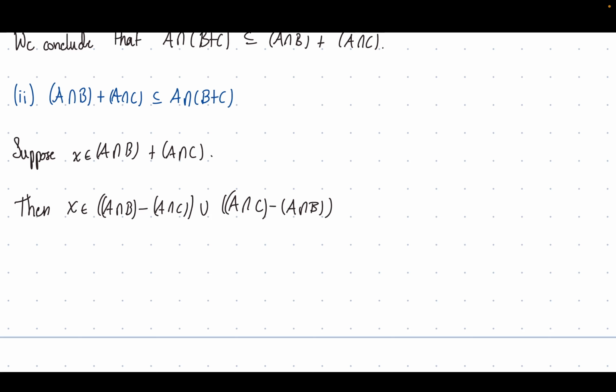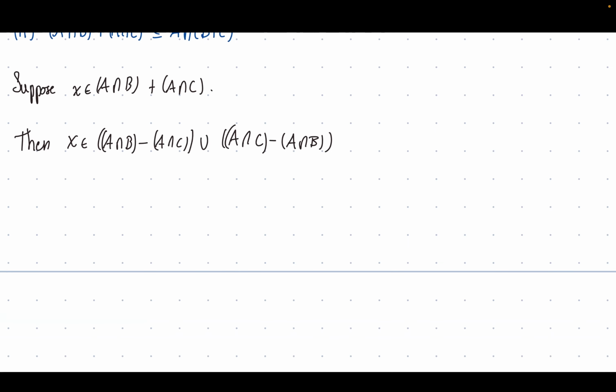There. Okay. So we have two cases. Okay. If x is in A intersect B minus A intersect C, then x is in A and B.